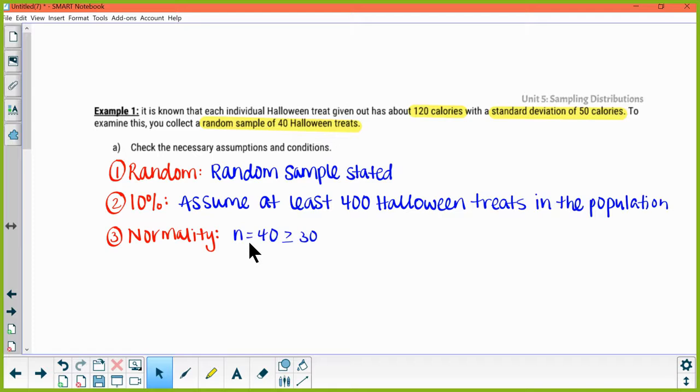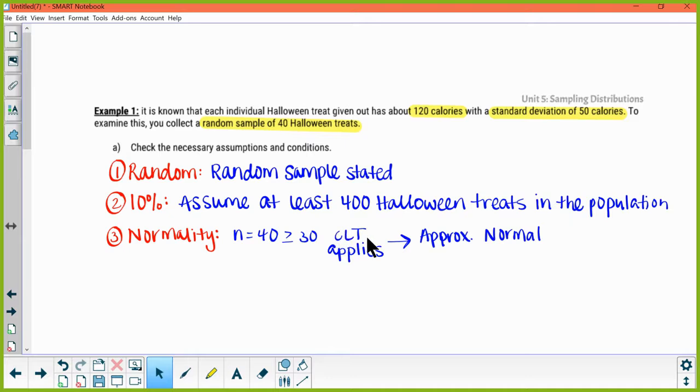And again, this is one of those nitpicky things the AP exam has. You have to actually state n is equal to 40, which is greater than or equal to 30. And then we will say that the central limit theorem applies. CLT is perfectly fine. You don't have to write out central limit theorem, but you do have to have this statement indicating that it's going to be approximately normal.